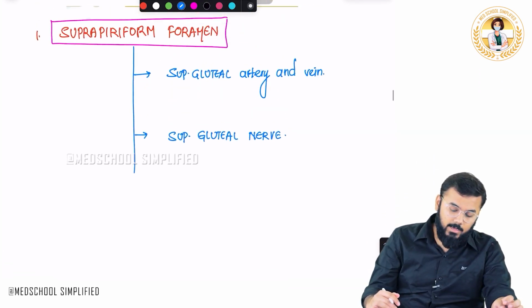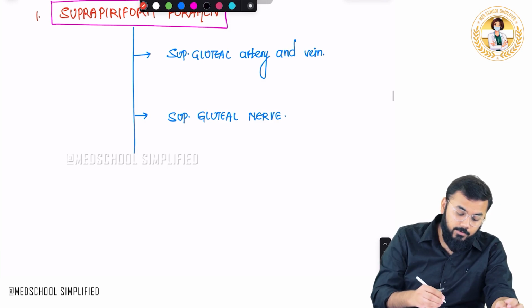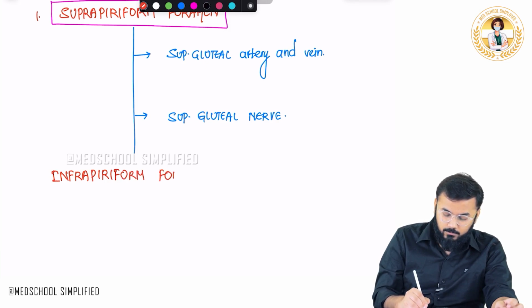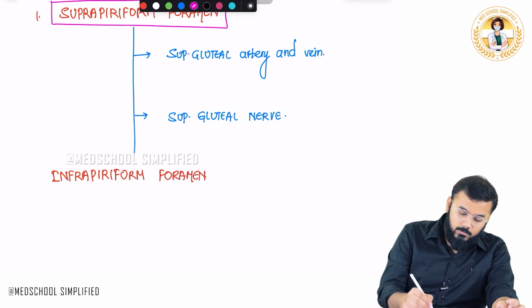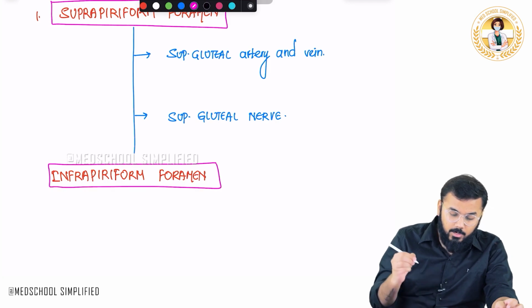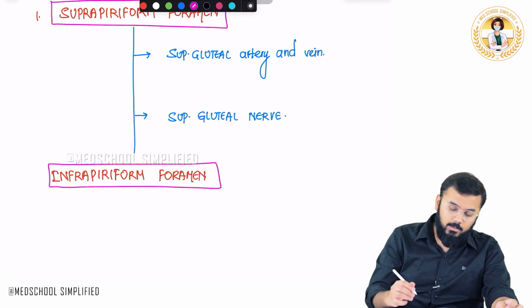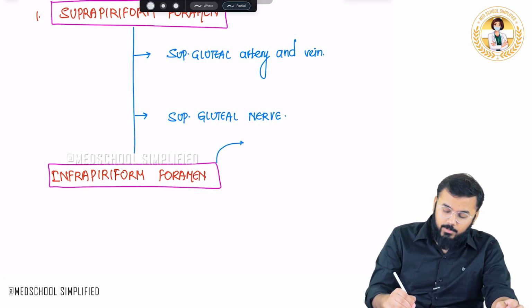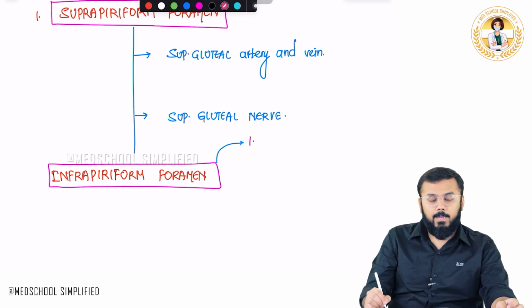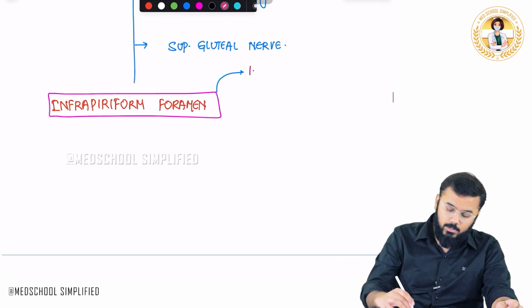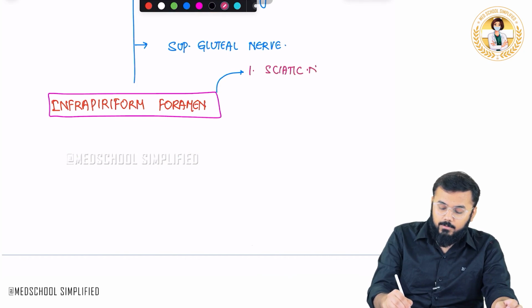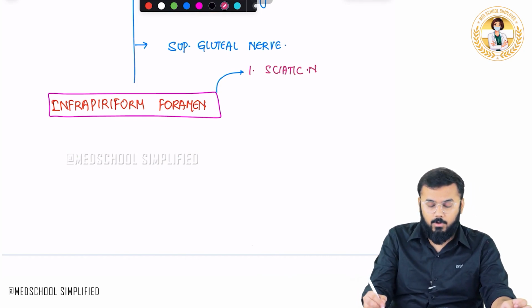Okay. Now after that, the next important thing is the infrapiriform foramen. What are the structures that are coming out of the infrapiriform foramen? The first important structure is your sciatic nerve. I hope all of you know what the sciatic nerve is. So the sciatic nerve is coming out of your infrapiriform foramen.